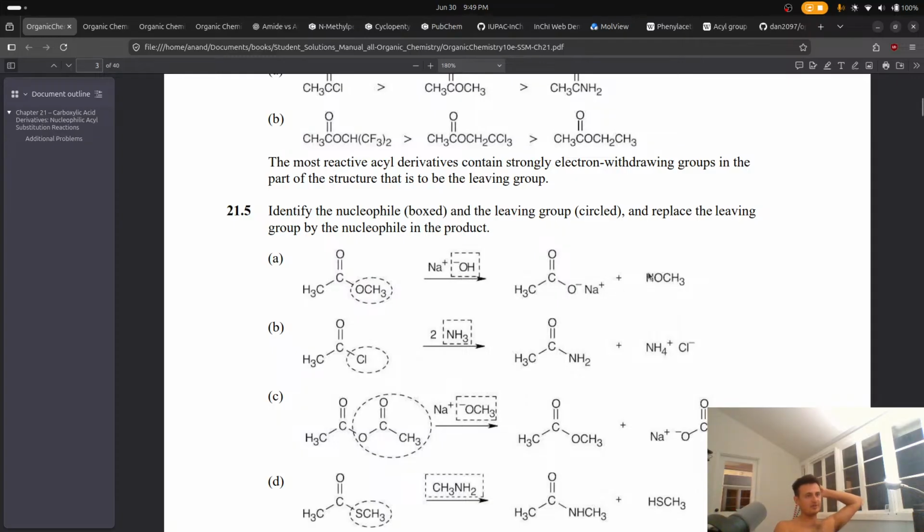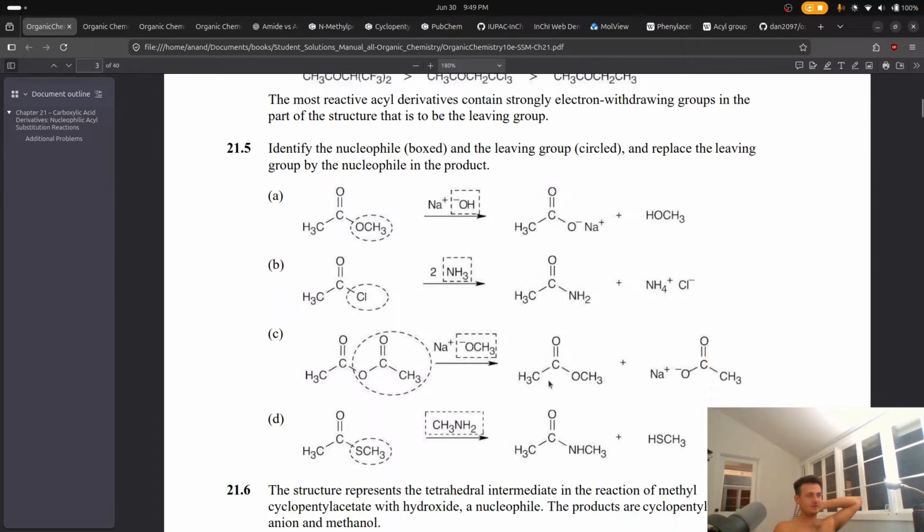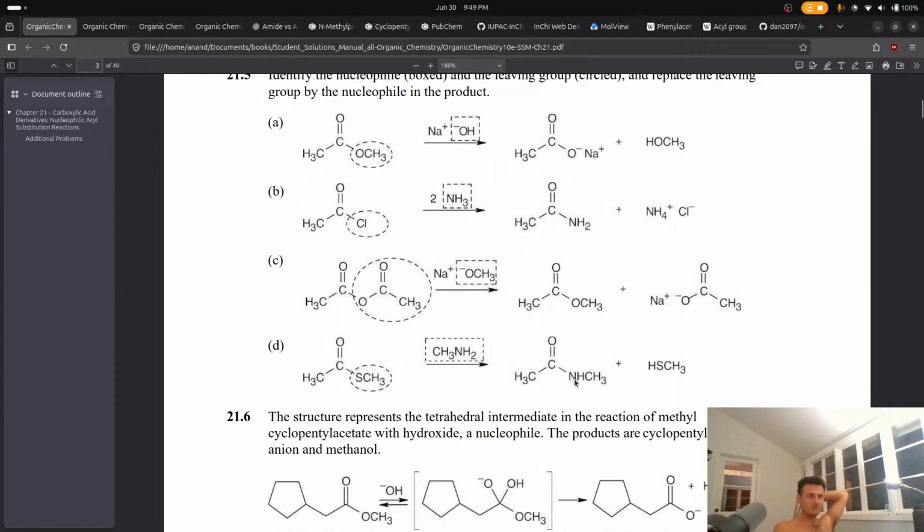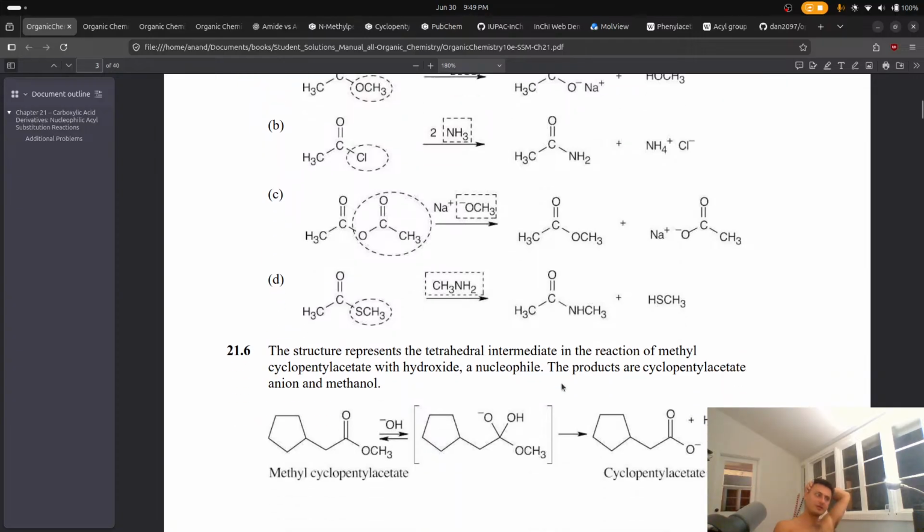I guess methoxide takes the proton. Okay, that one's fine. I'm fine with that one. Okay, that one I'm also fine with, I guess. And that one I'm fine with. Okay, that's cool.